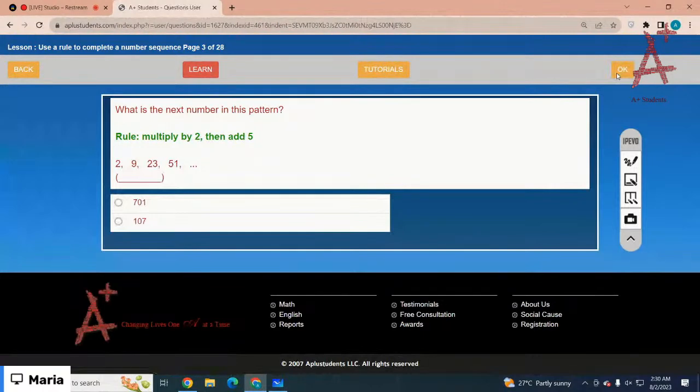The rule you have to apply is multiply by 2 and then add 5. So 51 times 2 is 102, and when you add 5, yes, right, that would be 107. So the correct option is 107.